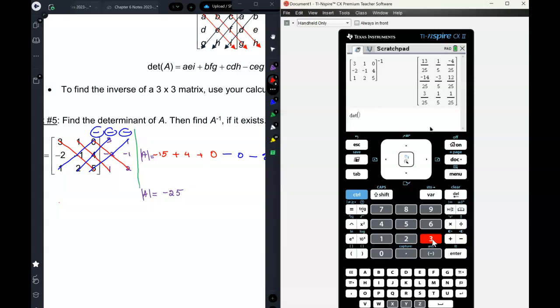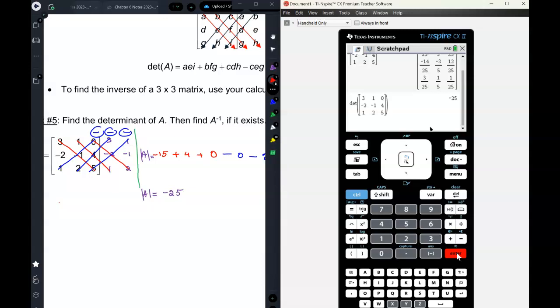So what I want to do is go up, up, press enter, but now I want to edit the -1 out, right? So edit the -1 out. And then press enter. There's the determinant. Menu, matrix, number 3 is determinant. Okay?